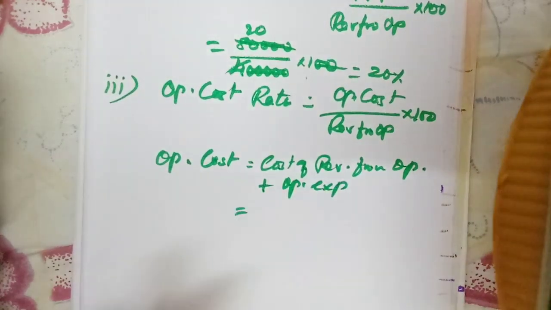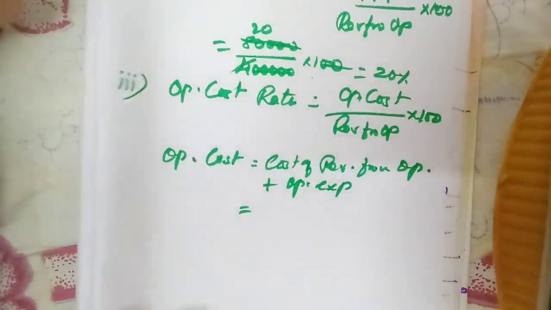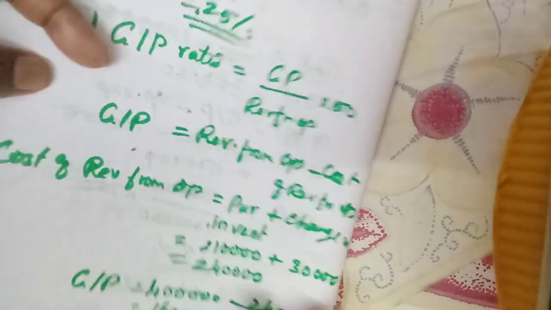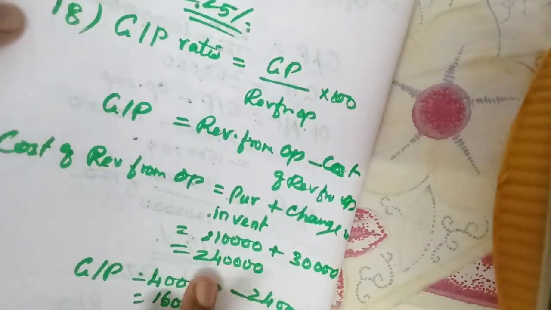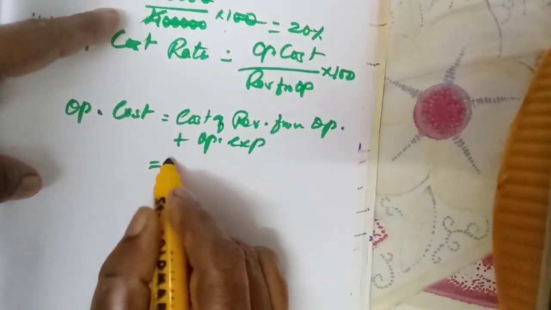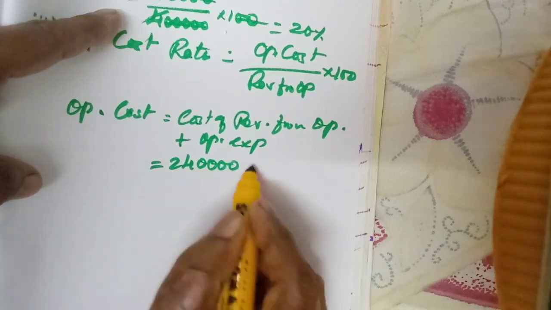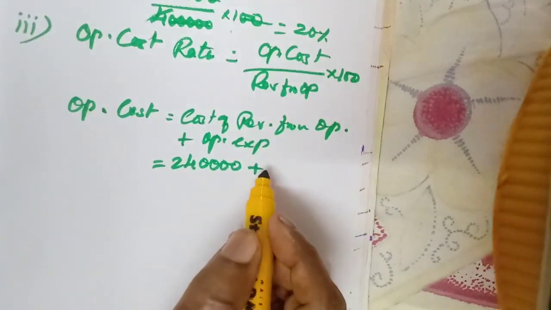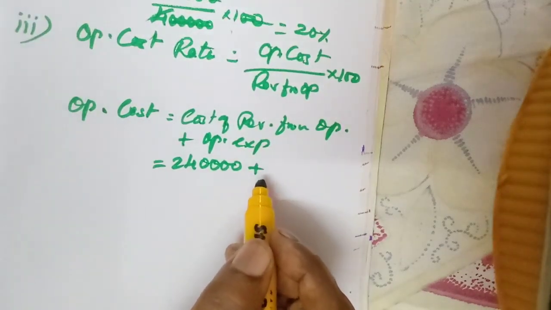Already we have calculated cost of revenue from operation, 2,40,000, isn't it? Plus operating expenses, which we have to calculate.